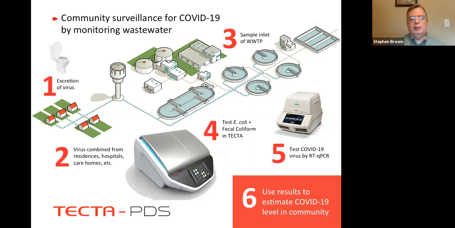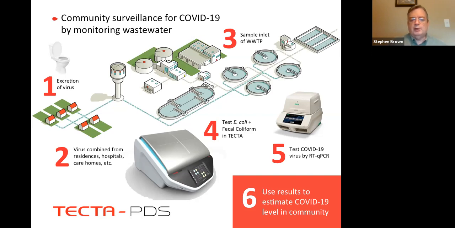And then finally, in a community surveillance program, the results will be used to say, if we know how much virus we're picking up in the sewage sample, can we relate that back to the level of contamination in the community or the level of infection in the community? And so if there's a spike in COVID-19 virus in a community, we should see the levels go up in the sewage. Or if a community is overcoming the virus and the levels are going down, again, we should see the level go down in the sewage.